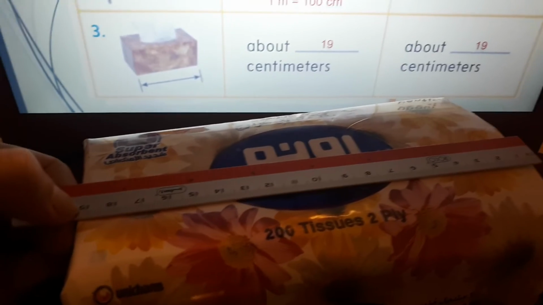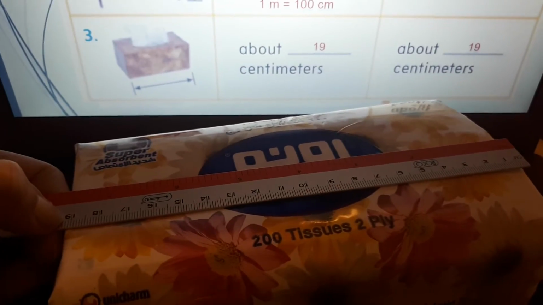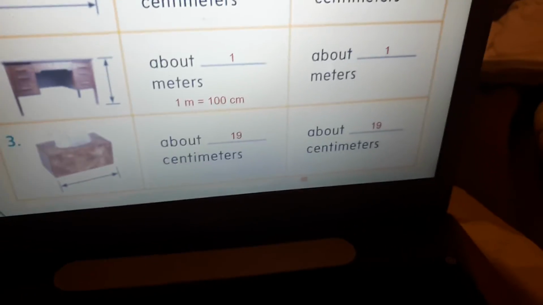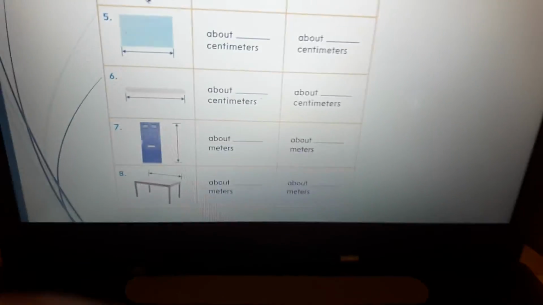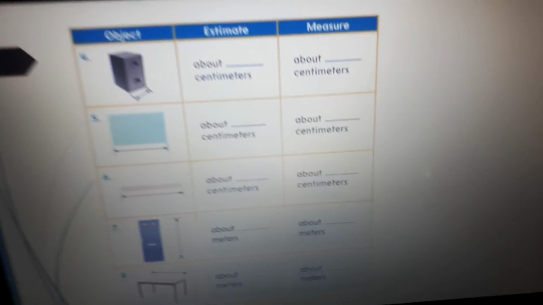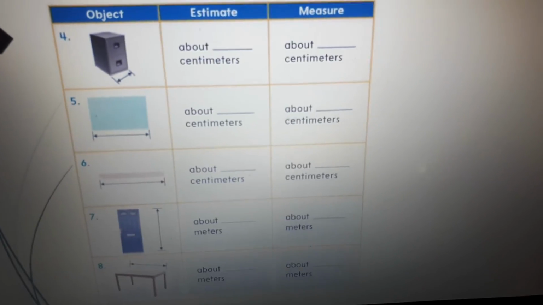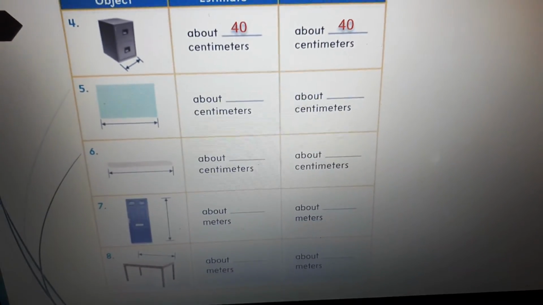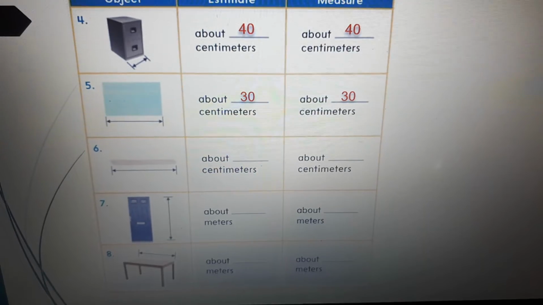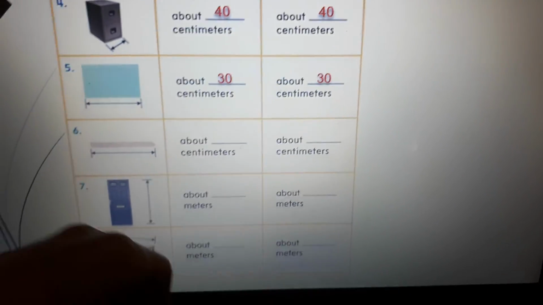You see? From 0, this is the end point. 19 centimeters. Okay. Now here is the drawer. I will estimate. I think it's 40 centimeters. Here is a paper, and the A4 paper is 30 centimeters, and this is the stick.